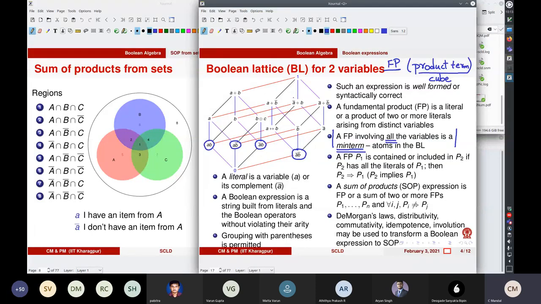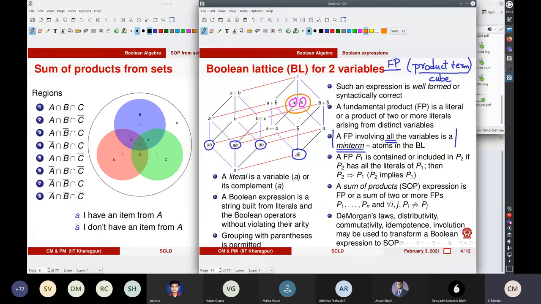That is a sum of product expression, because this one is a product, and this one is a product, and these two together, this whole thing is a sum of products.